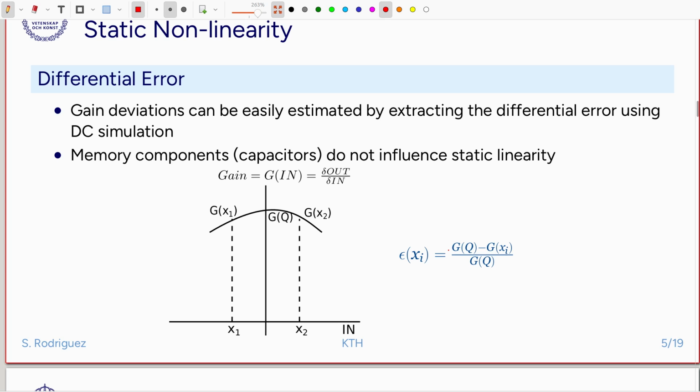We are just analyzing the nonlinearity produced by the transfer functions and output characteristics of the transistor. We are not taking the capacitors into consideration, so it is just one part of the nonlinearity. We bring this up as an important topic because it is extremely easy to simulate and extremely easy to extract, and so normally we do this very early in the design process.